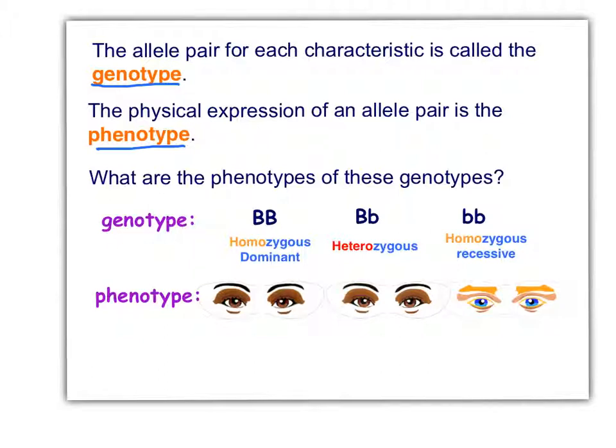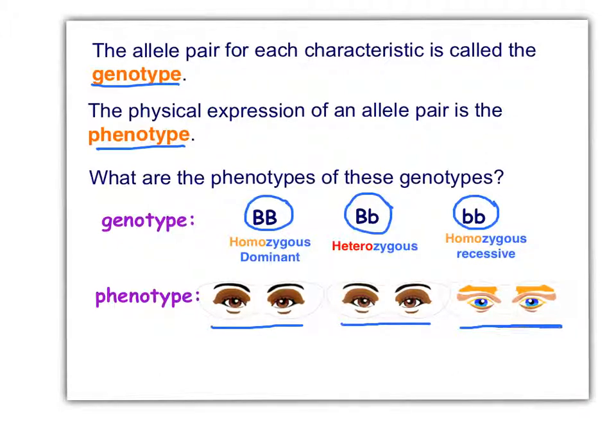So the phenotype, what we see, the physical expression for this genotype would be brown eyes. For the heterozygous genotype, so big B, little b, because brown eyes is dominant, again it would be brown eyes. And the only way we can get blue eyes is if we get two recessive alleles, and therefore blue would be displayed in the phenotype.